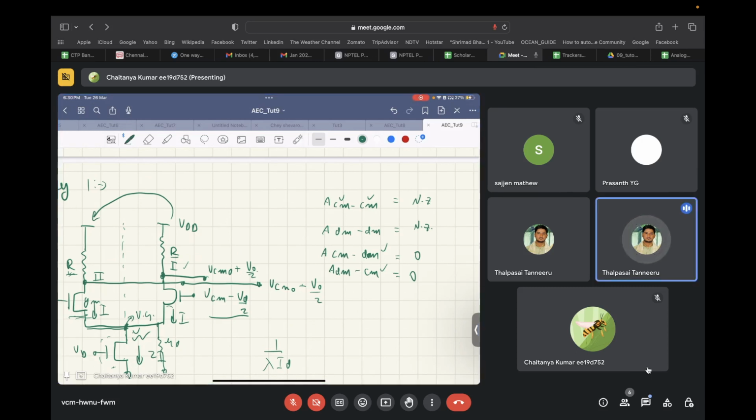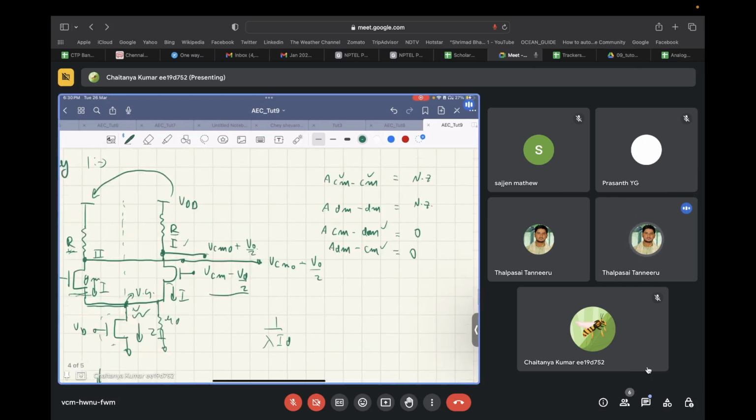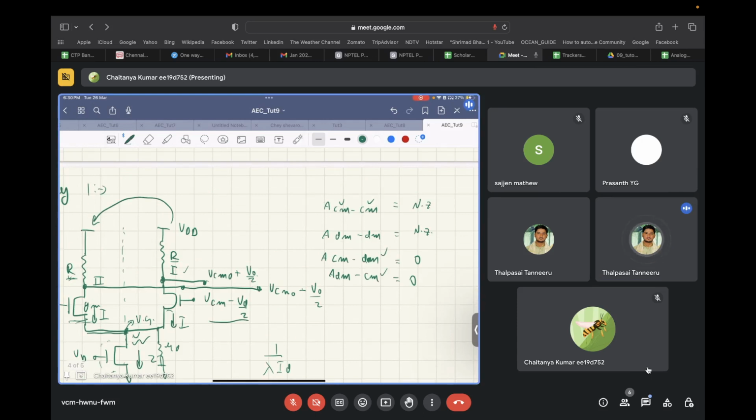Sir, can we do it with the five transistor circuit? I will get more clarity. Currently, I'm just focusing on fully differential. The five transistor circuit is a differential to single-ended circuit. So there, at the output, there is no common mode and differential mode.